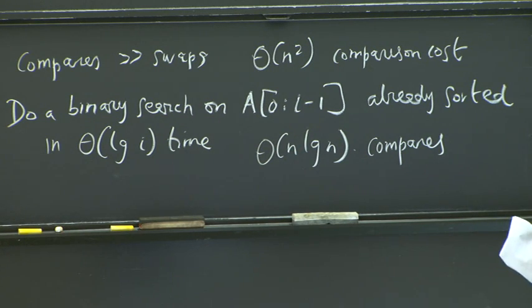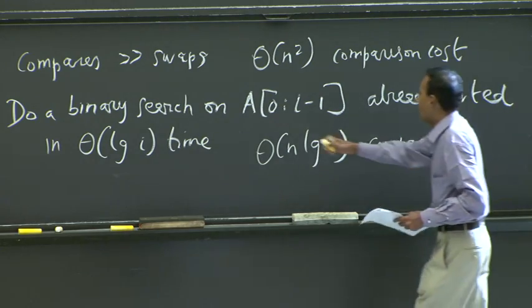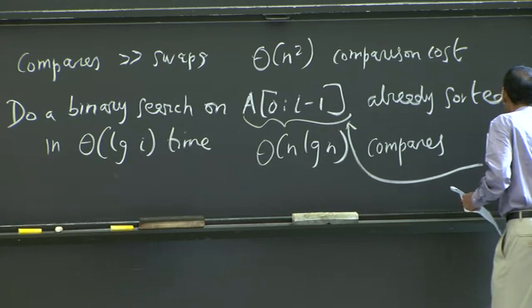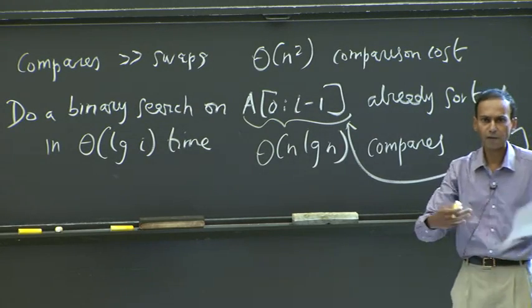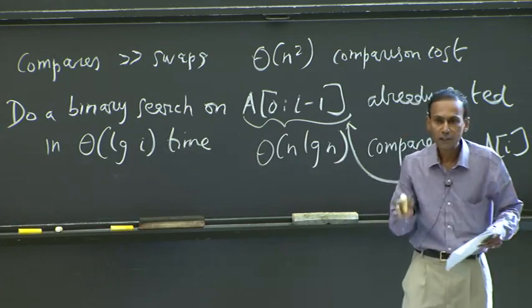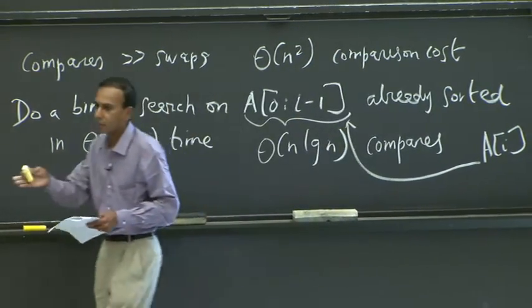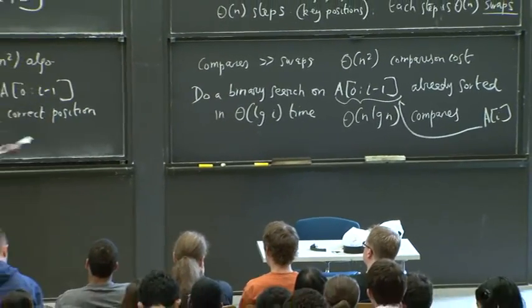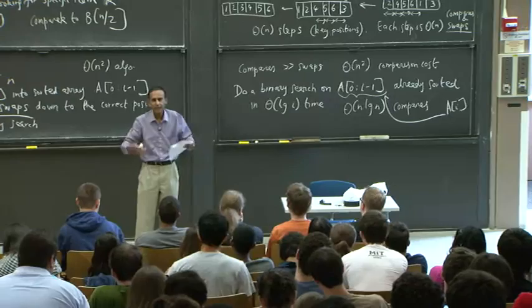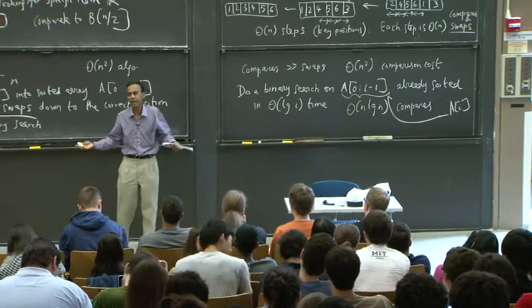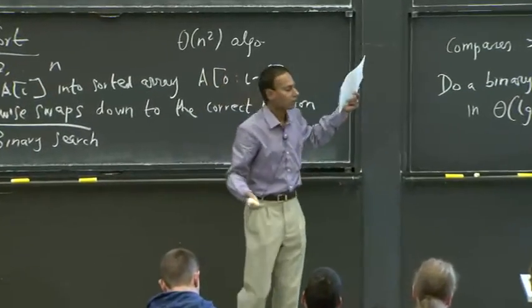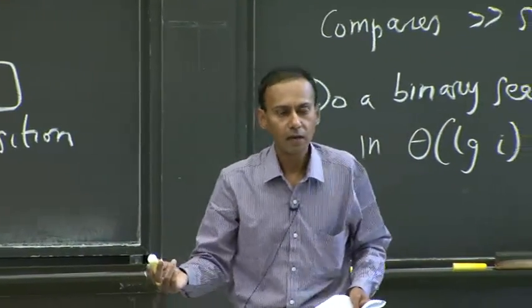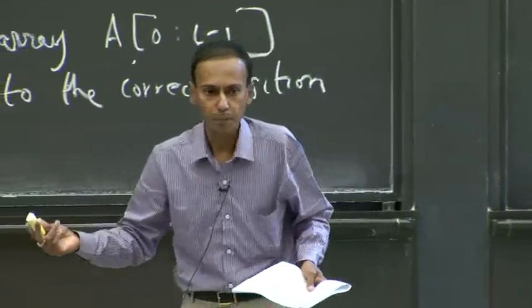We don't quite have that, because we need to insert our A of i into the right position in A of 0 through i minus 1. And when you do that, if you have an array structure, it might get into the middle, and you have to shift things over to the right. And when you shift things over to the right, in the worst case, you may be shifting a lot of things over to the right, and that gives back the worst case complexity of theta n. Okay? So binary search in insertion sort gives you theta n log n for compares, but it's still theta n squared for swaps. All right?